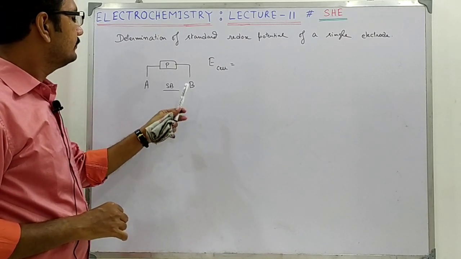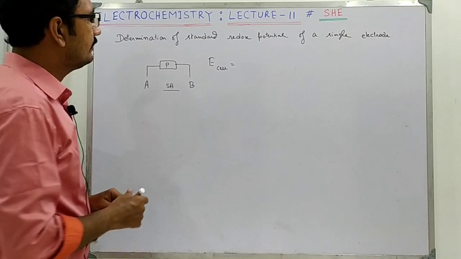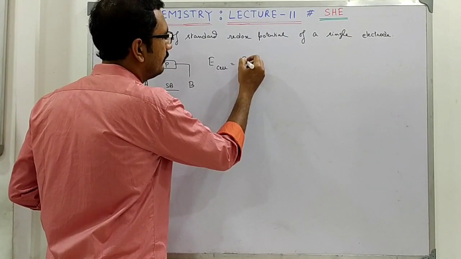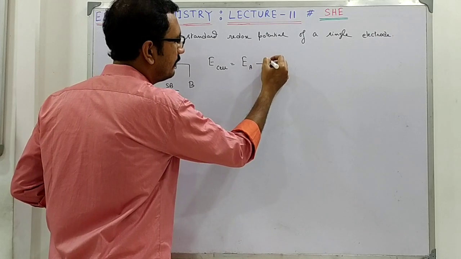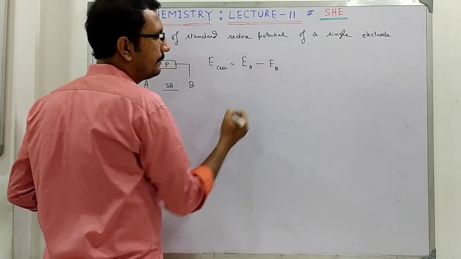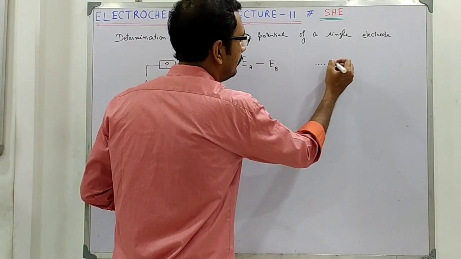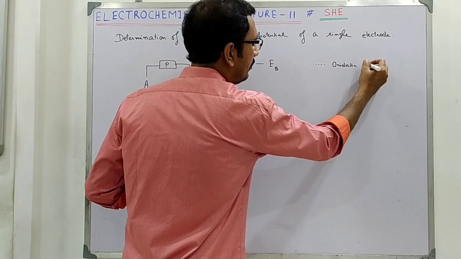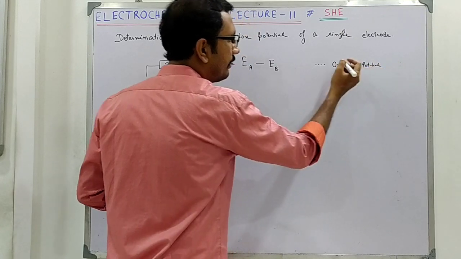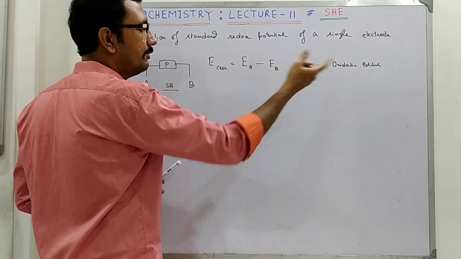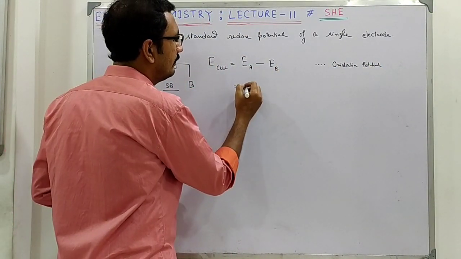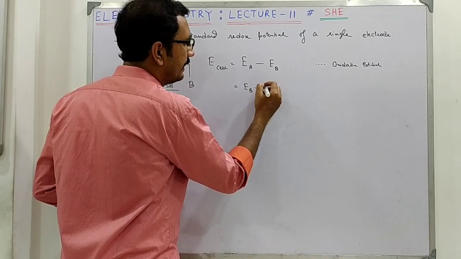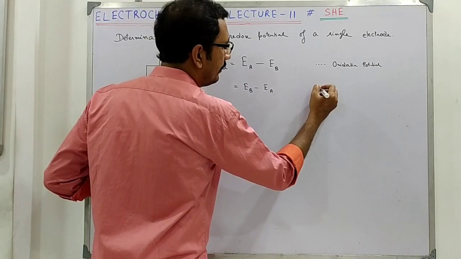Now, what is this E cell? This E cell is EA minus EB if you use the oxidation potential method, that is, if you write the electrode potential in terms of oxidation potential, and it is EB minus EA in the other case.